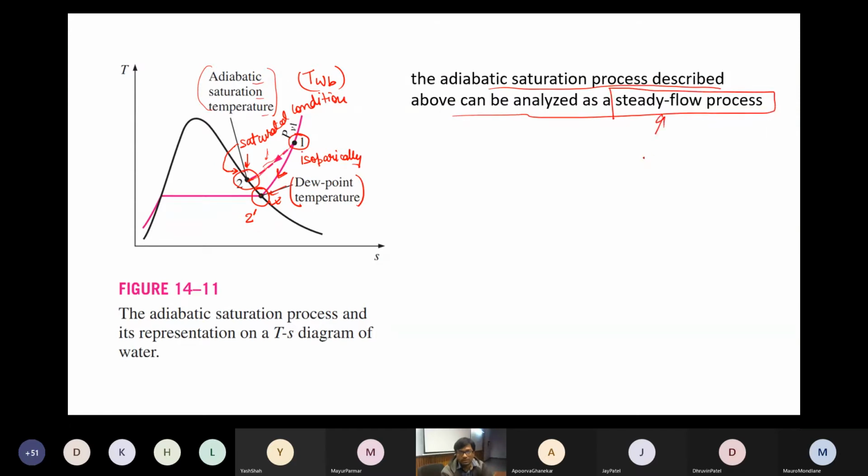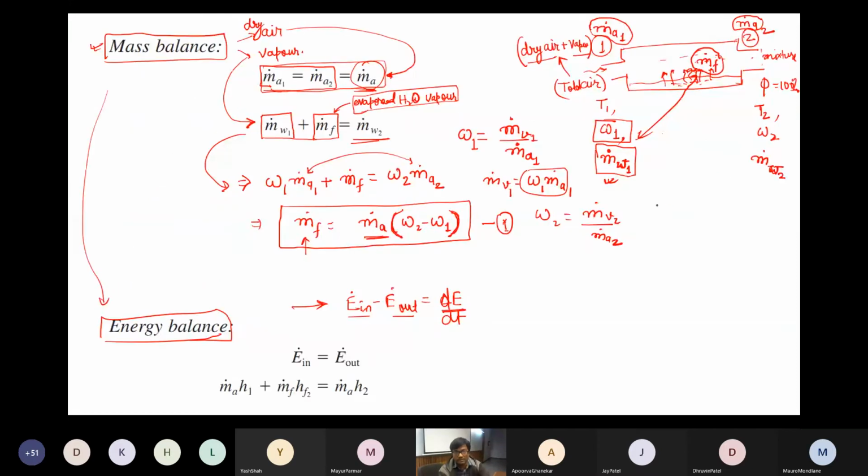It means your properties are not changing with time. Once steady state has been achieved, your dE by dt is not going to change for this particular control volume. So I'll take this box as a control volume.